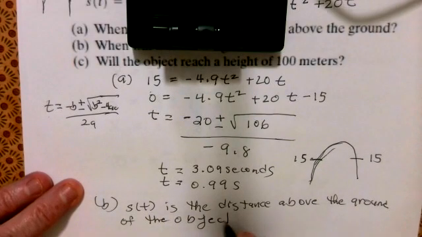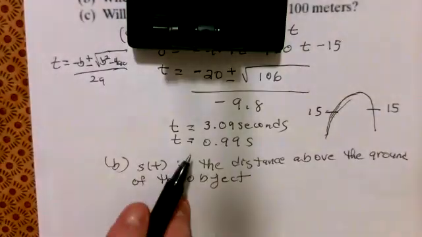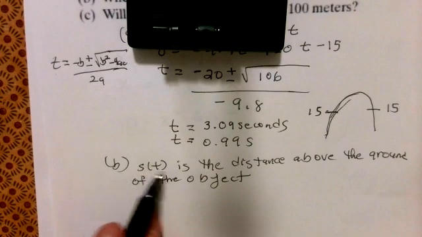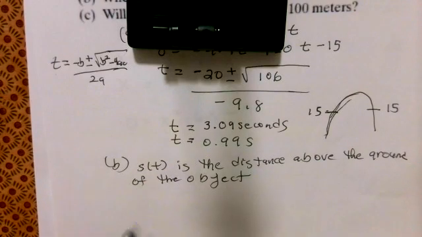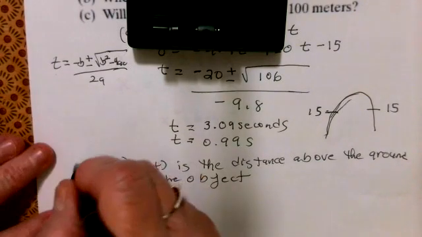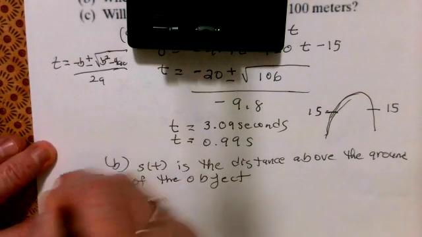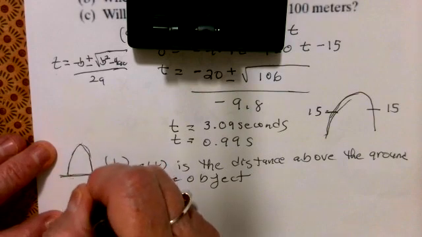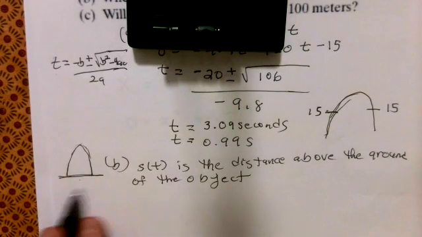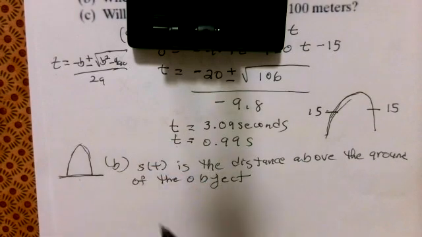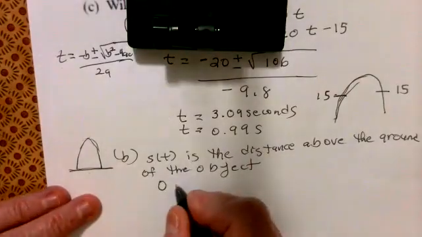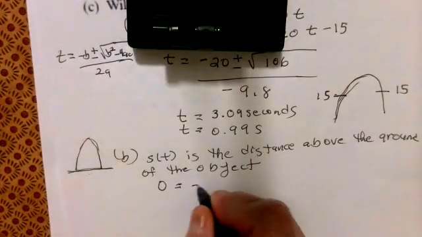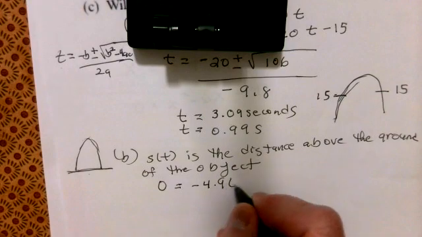Well, how far above the ground are you going to be, or what is s of t going to be when you hit the ground? So, like this is the ground, and it goes up, and it comes back down, and it's kind of like the x-intercept, isn't it? The distance is going to be 0. So we have 0 equals, and this was our equation again.